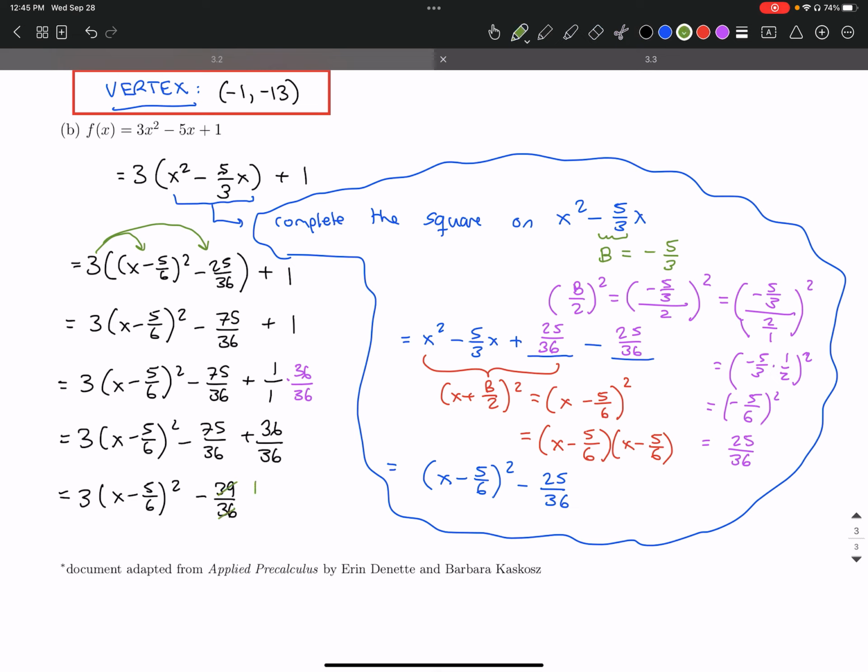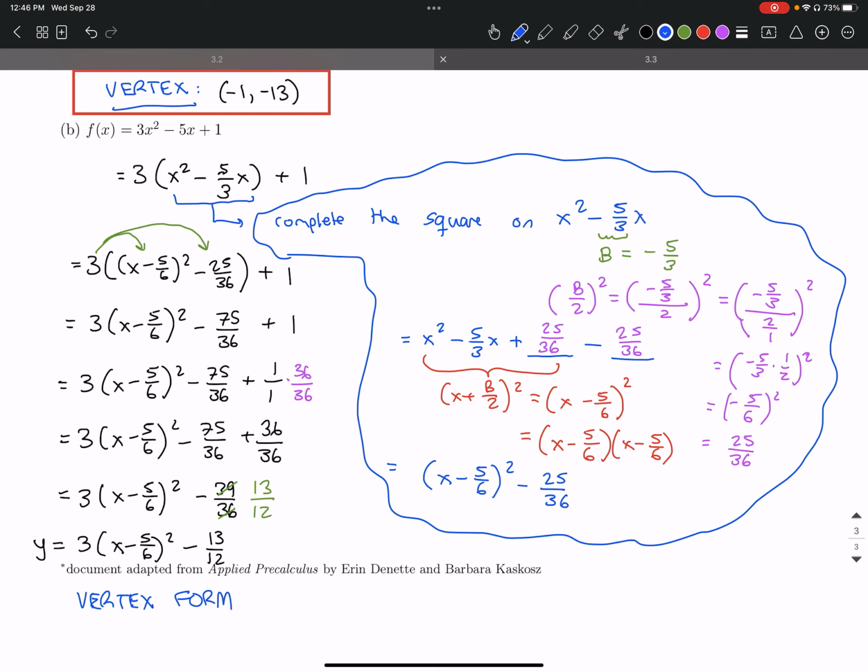If I divide 39 by 3, I get 13. If I divide 36 by 3, I get 12. And so in lowest terms, we're going to have 3 times x minus 5/6 quantity squared minus 13 over 12. And at long last, we have reached our vertex form.